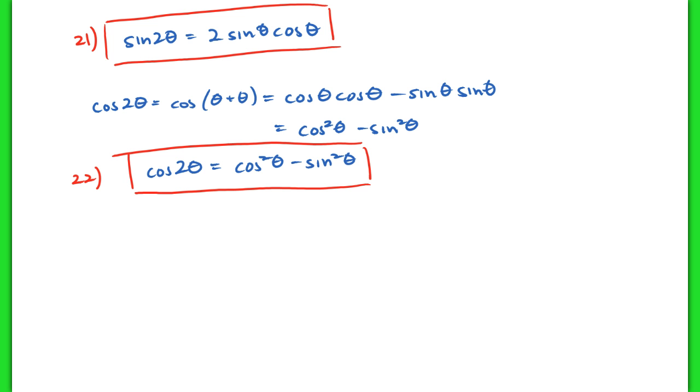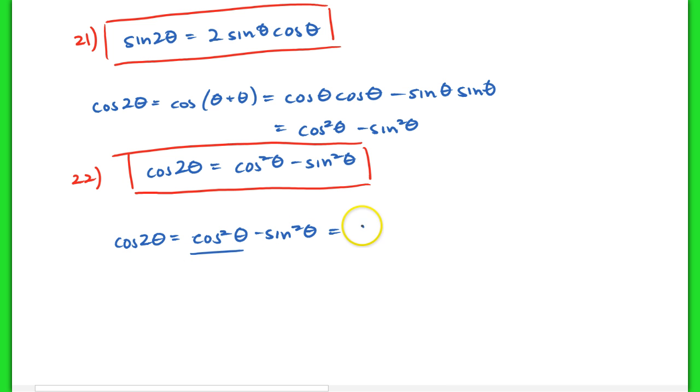So let's start with cosine of 2 theta equals, and I'm going to rewrite cosine squared theta minus sine squared theta. Now we already know that cosine squared theta is the same as 1 minus sine squared theta. So I'm making the substitution in here for cosine squared theta minus sine squared theta.